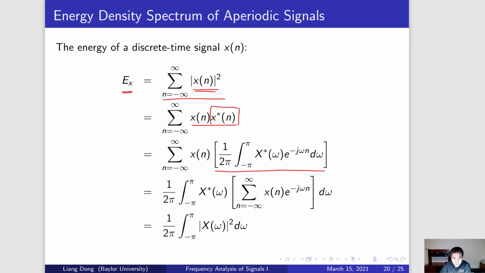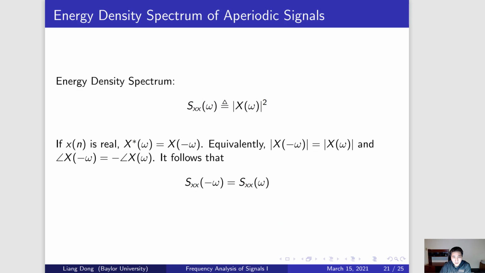The summation goes to the inner part, the sum over index n from negative infinity to infinity of x[n] e to the power negative j omega n, because we have index n here. And this part is our Fourier transform that gives us capital X(omega). Therefore, the entire thing gives me 1 over 2 pi, which is 1 over the period, integration over one period, negative pi to pi, of the absolute value of X(omega) squared d omega.